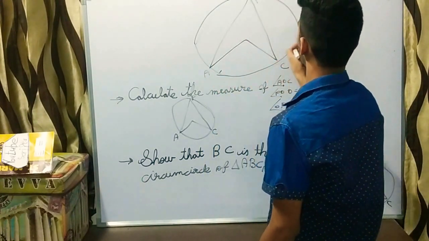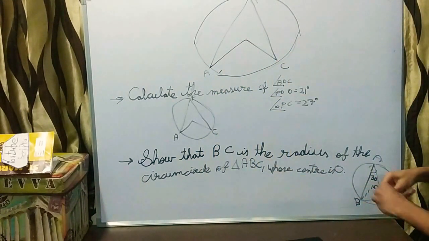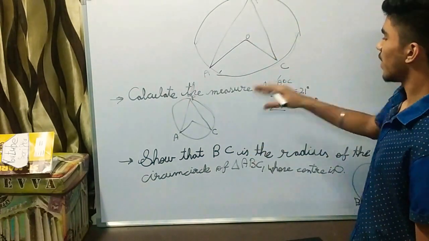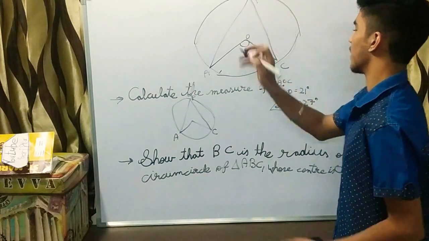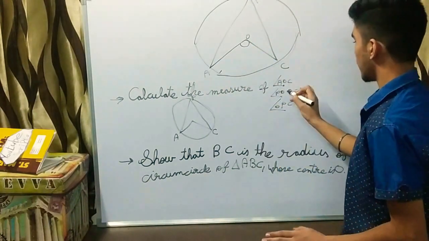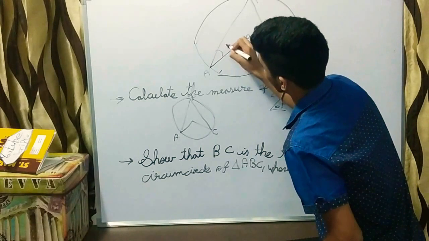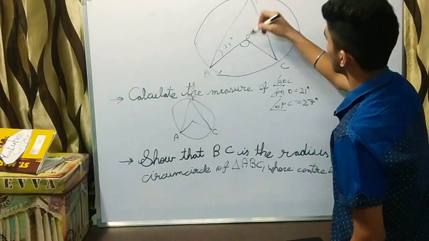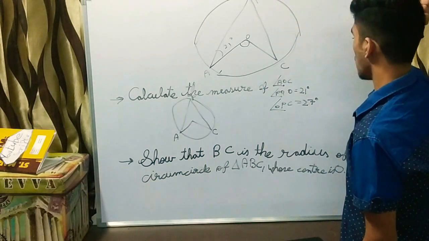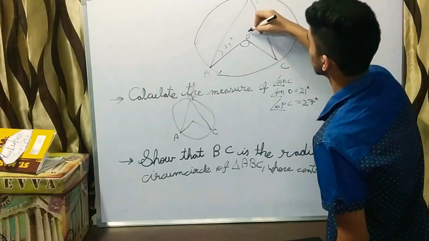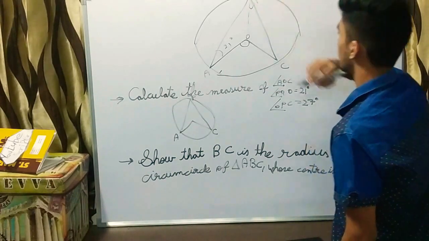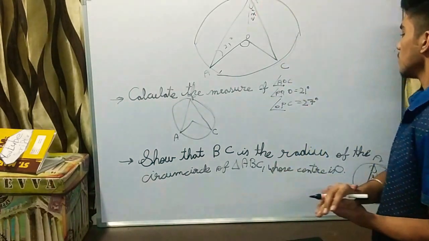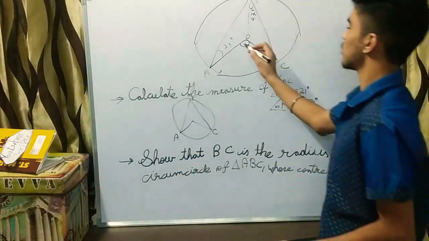It says that angle AOC, this angle, we have to find the measure of this angle. Angle OAC is equal to 21 degrees, this angle. And angle OPC, this angle, is equal to 27 degrees. So now we have to find the measure of this angle.